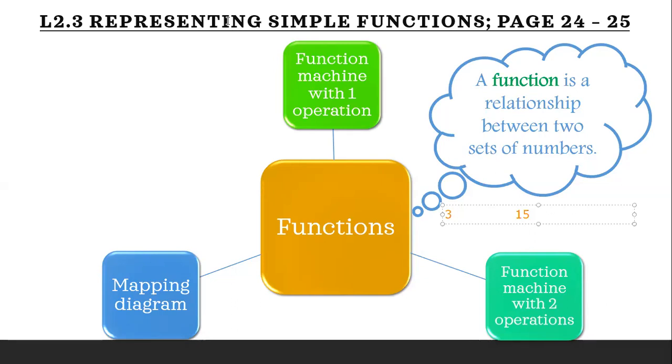What did I do with the 3 to make it 15? Times 5. Excellent job. So the function is times 5, and that's my relationship. I connected the 3 with the 15 by multiplying the 3 by 5.